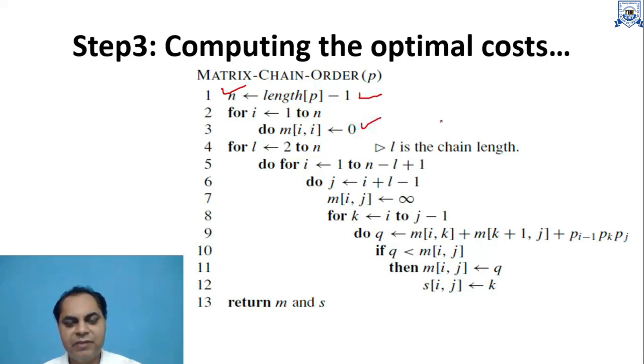This is the number of scalar multiplications required for a single matrix, and it is 0 because for a single matrix we don't need scalar multiplication.